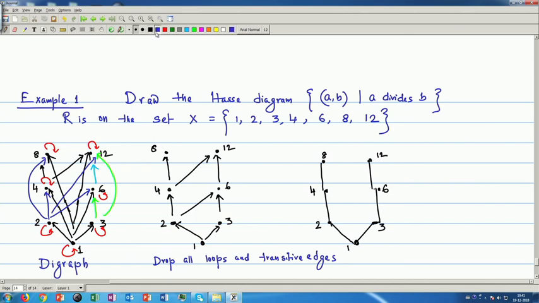Or I can give the nodes blue, so that it will be clear. And I have 4 to 12, I have 2 to 6. So, simply this is my Hasse diagram.